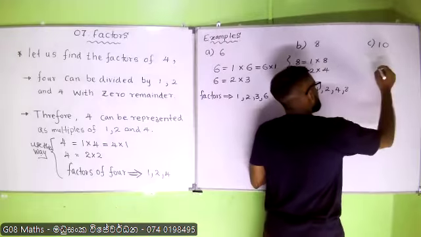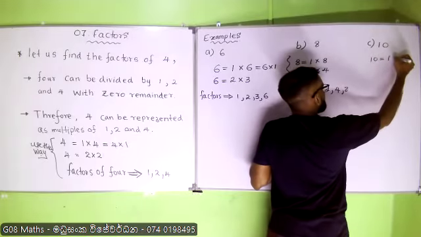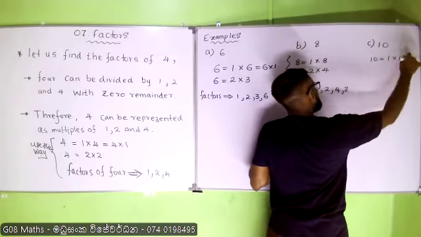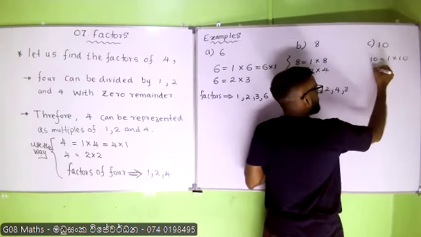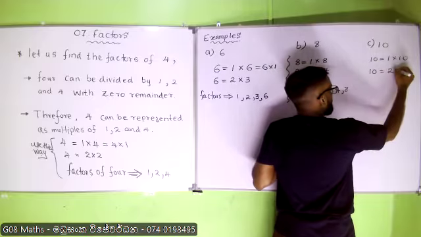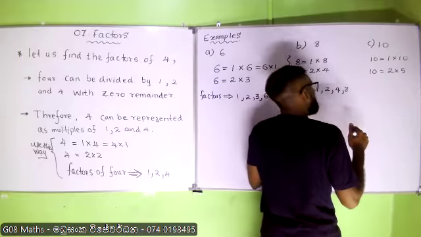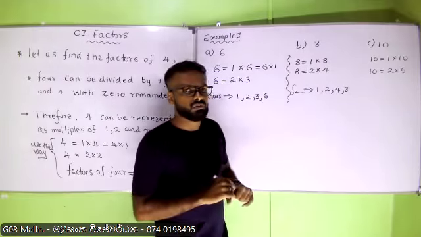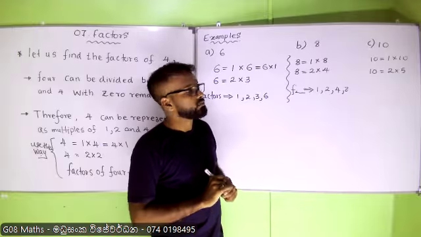Then 10. 10 equals 1 times 10, and you can either use 10 times 1. It doesn't matter, both are correct. Then 2 times 5, 10. Are there any other numbers? 4? No. 5?